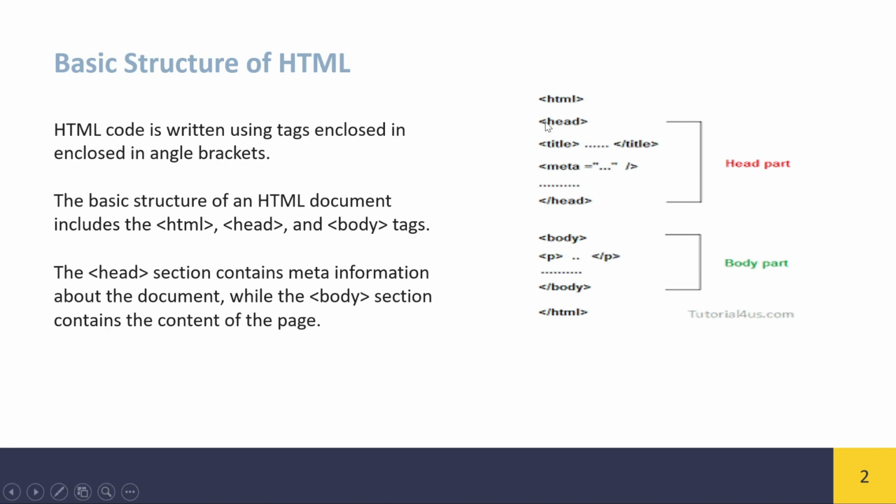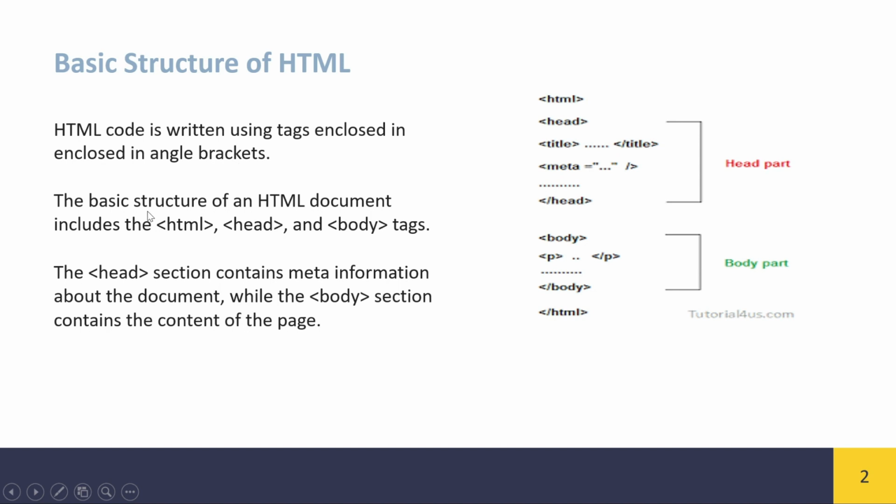Like this, this is the start tag and this is the end tag. So for every element, there is a start tag and an end tag. We call the start tag and end tag combined together the element. Okay.